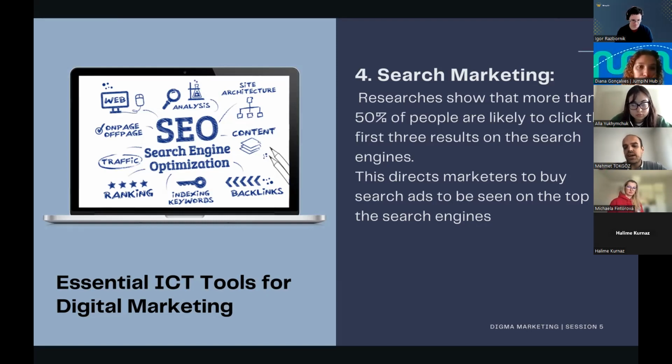Then the other results are seen on the first page. So some people pay for the advertisements, some people use keywords, and others use SEO optimization to be seen on the first page. The reason is that people click the first three results when they are searching for a product or any information on the internet.